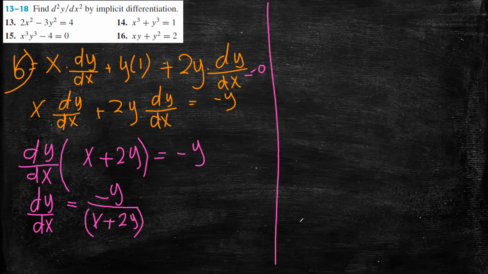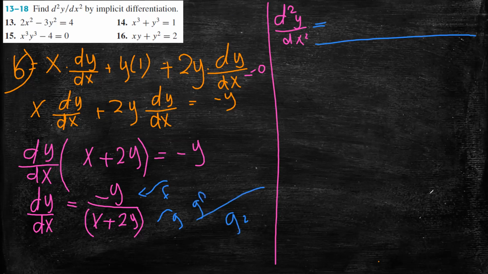Now let's find the second derivative. As we remembered before, let's assume this is f and this is g. So it will be x plus 2y squared down, remember, we say g squared down, g f prime minus f g prime. So where is g?